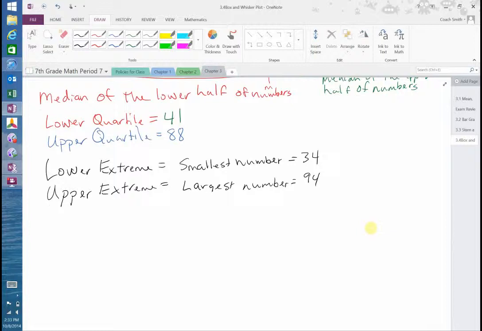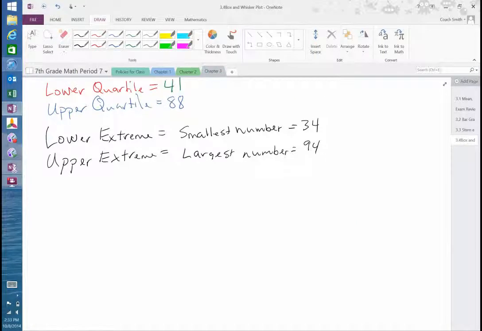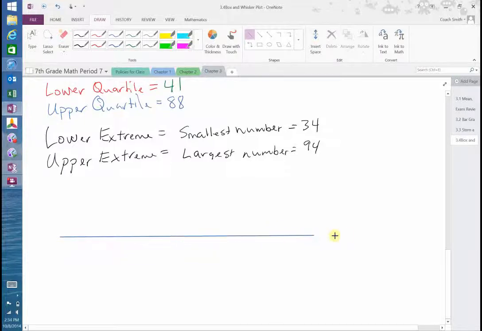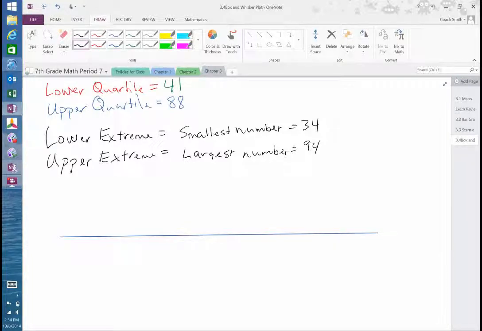All right, now, here's what we must do with the information we just came up with. We're going to take the information we just came up with, and I'm going to draw a number line. On my number line, what is the smallest number?